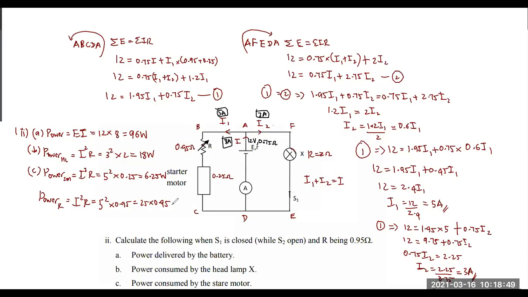This is additional, I'm just doing it and showing it to you. 5 into 5, 25, 5, 2 balance 47, 190. That is 23.75 watt. That is the amount of power used up in the variable resistor.